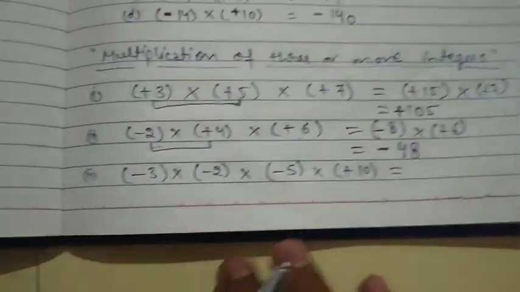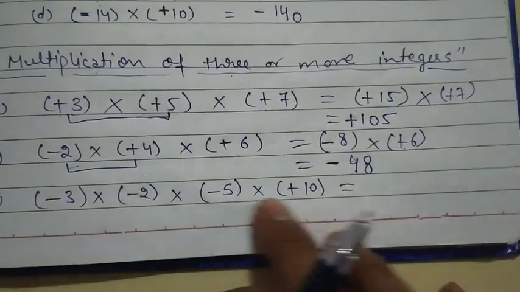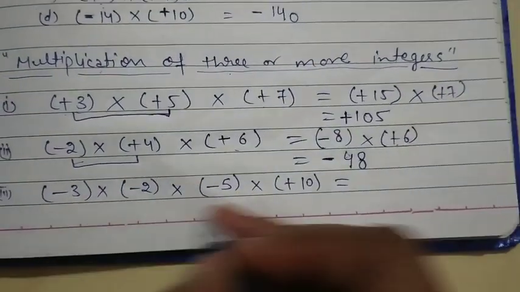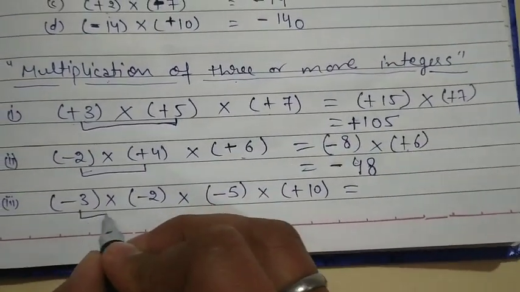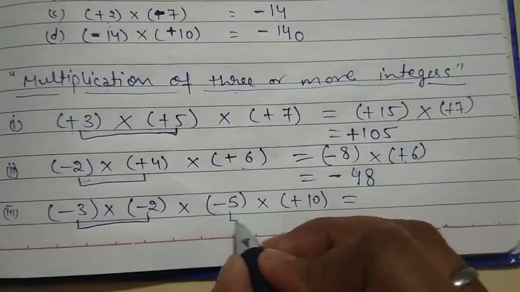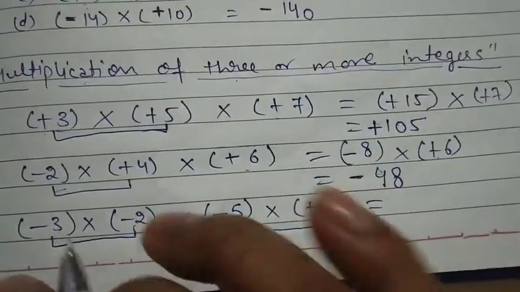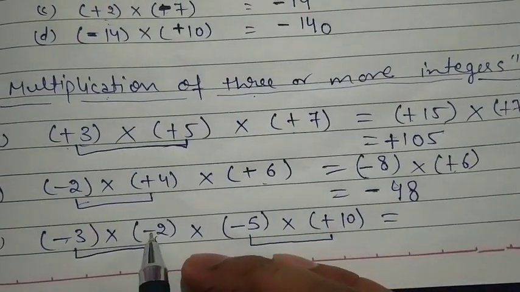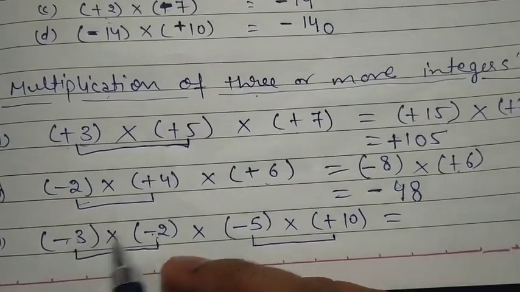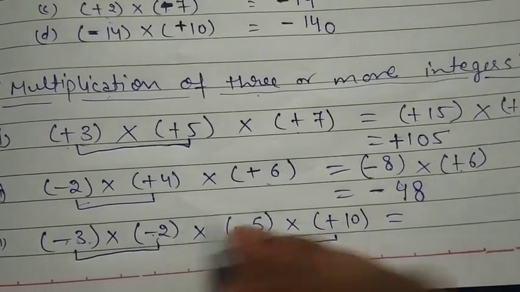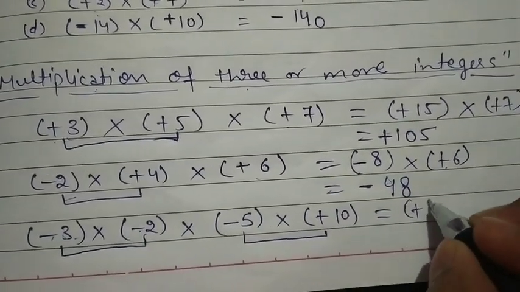Now here we have 4 integers. To multiply 4, what you can do is make pairs. We can multiply in pairs. So this will be minus minus, same sign, so we will put plus sign, and 3 into 2 will be plus 6.